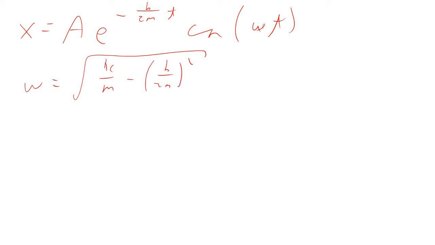And you look at that and ask, what if b is small? If b is small, then this is almost going to be the same frequency that you had before.